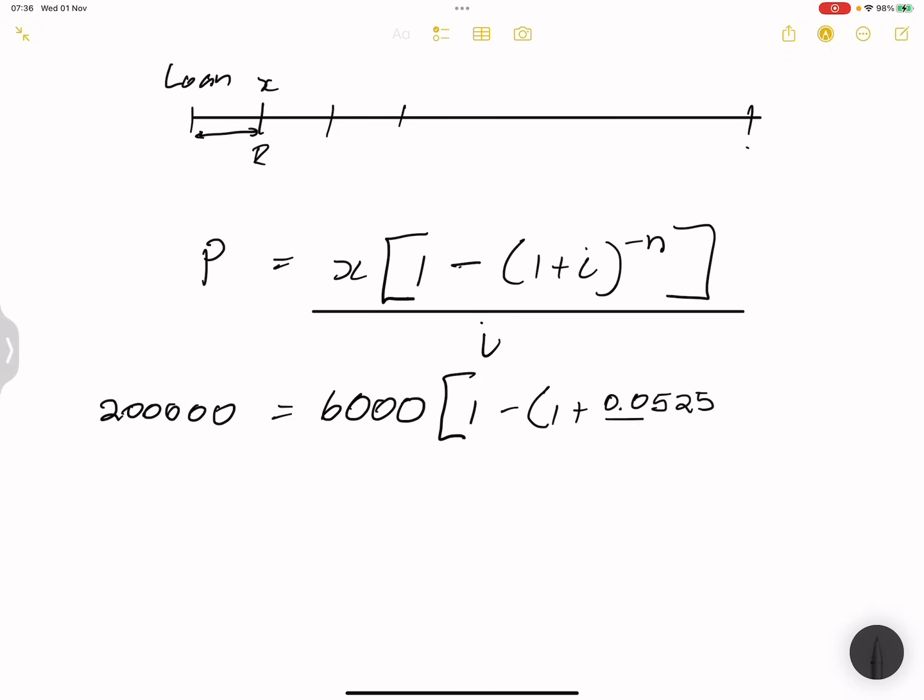Now, remember that Andrew is paying quarterly. So that means our m value is 4. If n is the number of years, remember that she is paying 4 times every year.